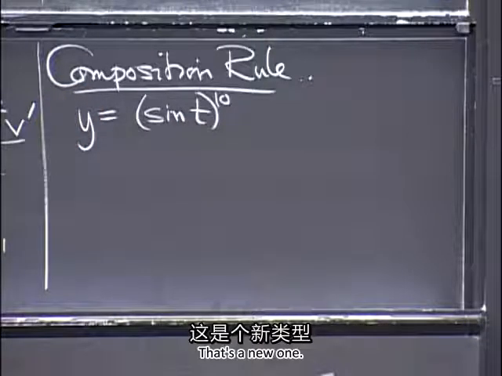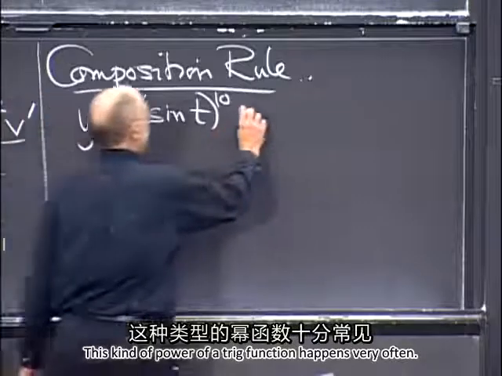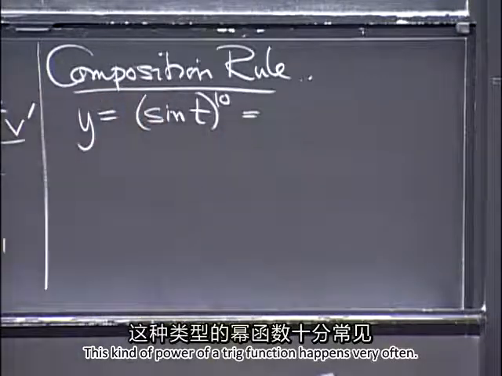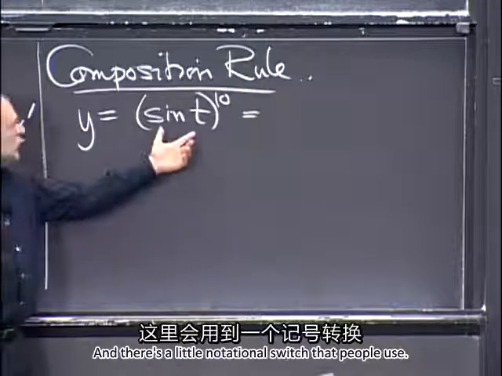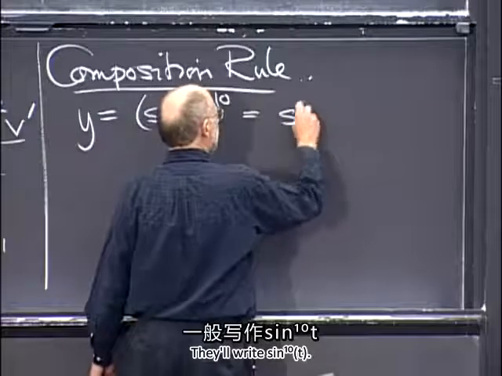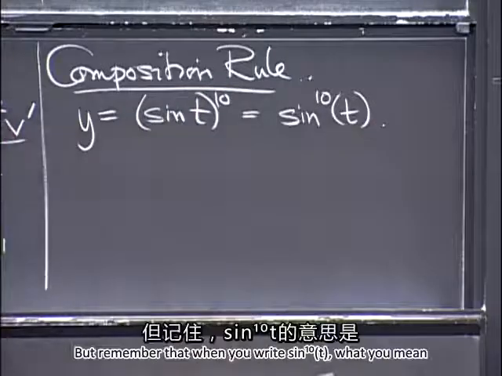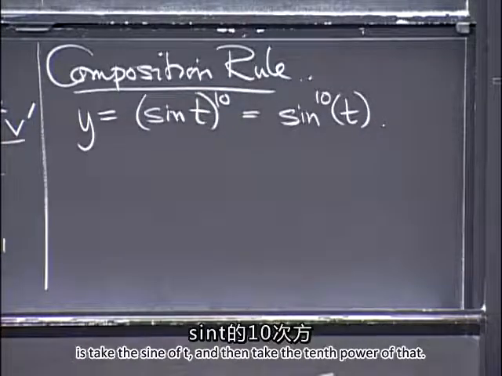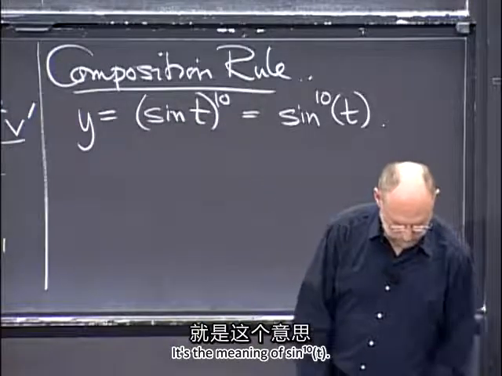That's a new one. I haven't seen how to differentiate that before, I think. This kind of power of a trig function happens very often. You've seen them happen as well, I'm sure. And there's a little notational switch that people use. They'll write sine to the 10 of t. But remember that when you write sine to the 10 of t, what you mean is take the sine of t and then take the 10th power of that.